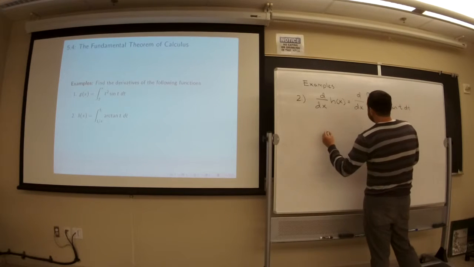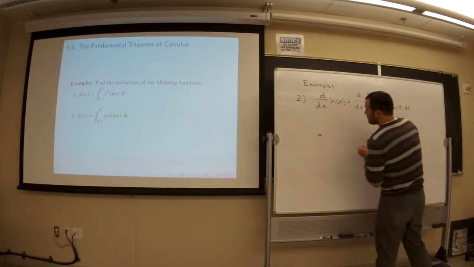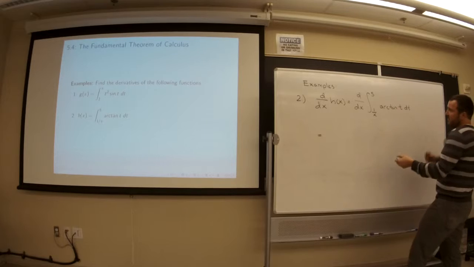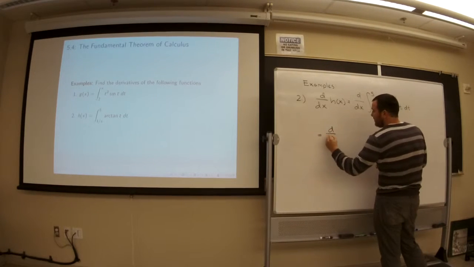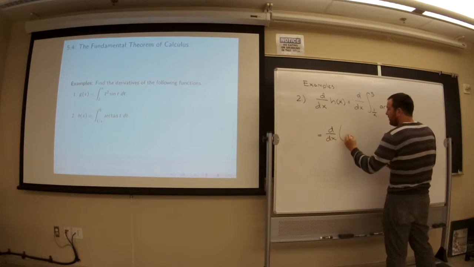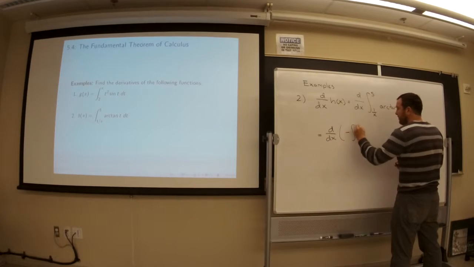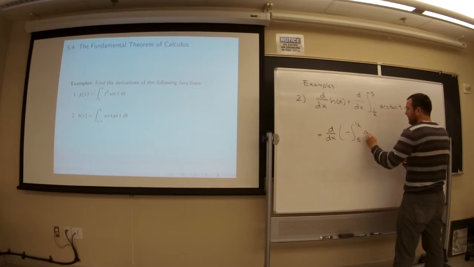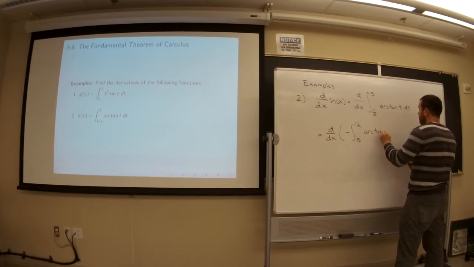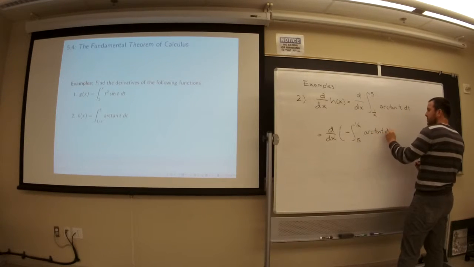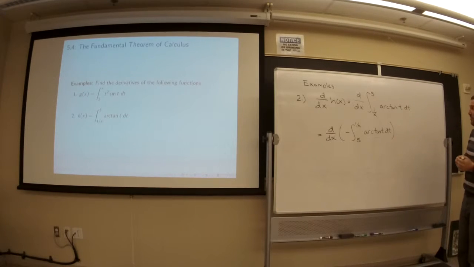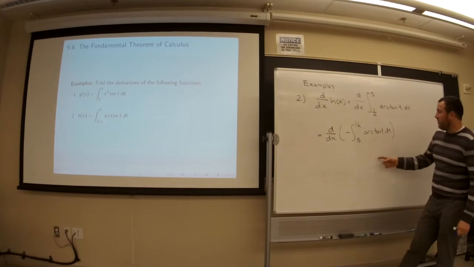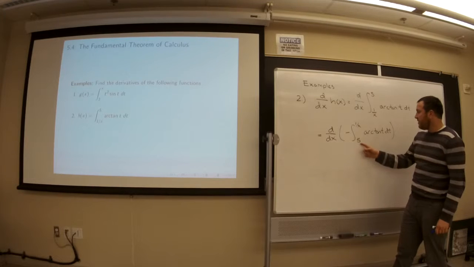Okay, so we can actually flip this and take the negative. So this would be the same as d dx of negative integral from 5 to 1 over x of arctangent of t dt. And now this is more set up as a problem that we could use the first fundamental theorem of calculus for.